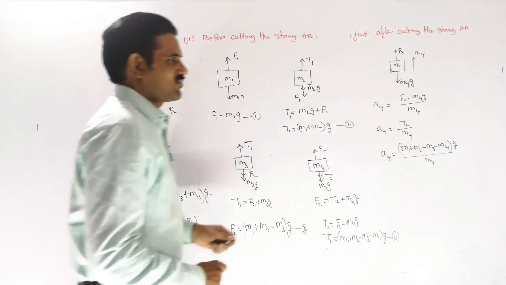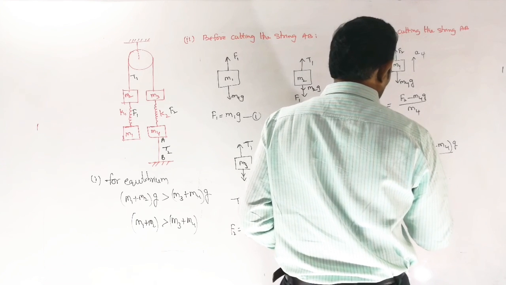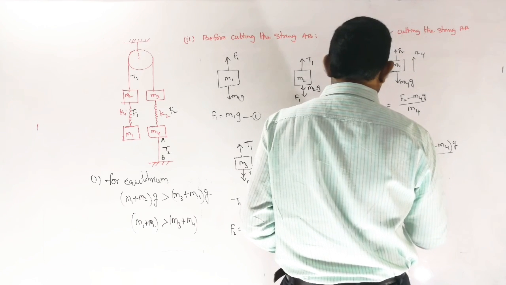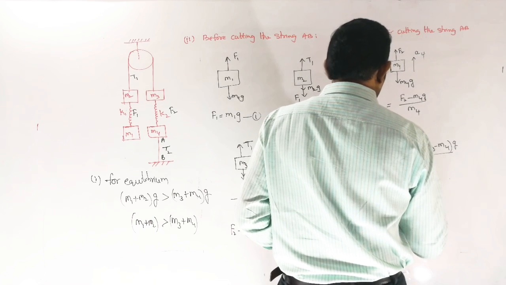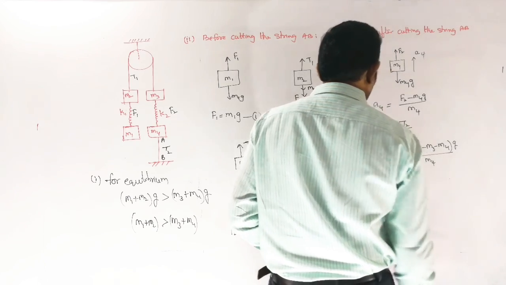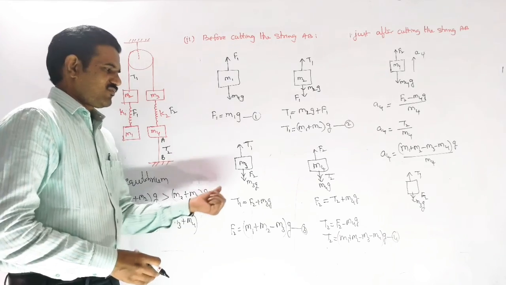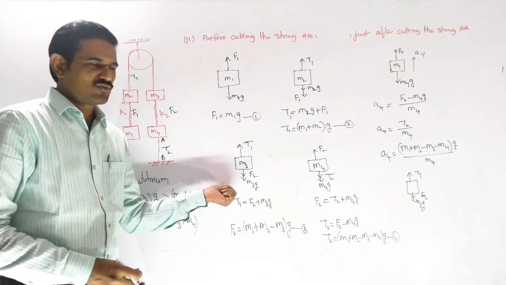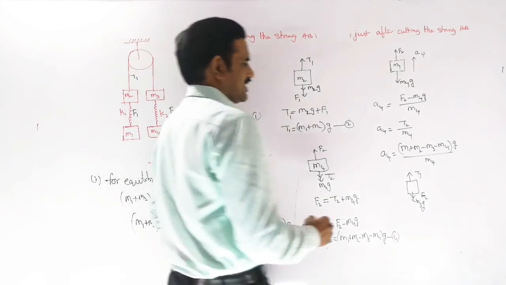That means if I ask what the forces acting on this M3 are, this is T2, that is, we are taking it as T1, and M3G and F2 are acting in the downward direction. Under the action of these forces, and all those values were the same as before cutting, this block will still be in equilibrium.